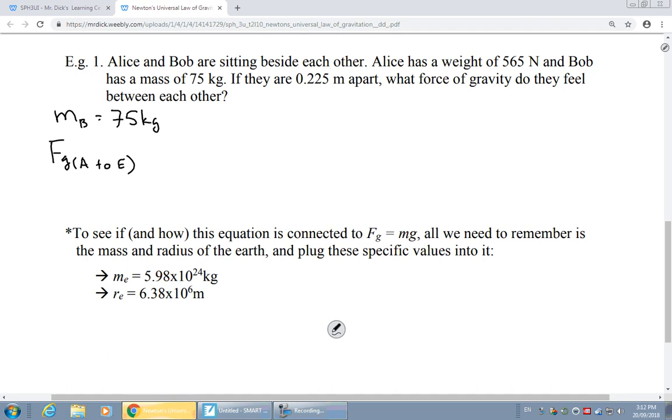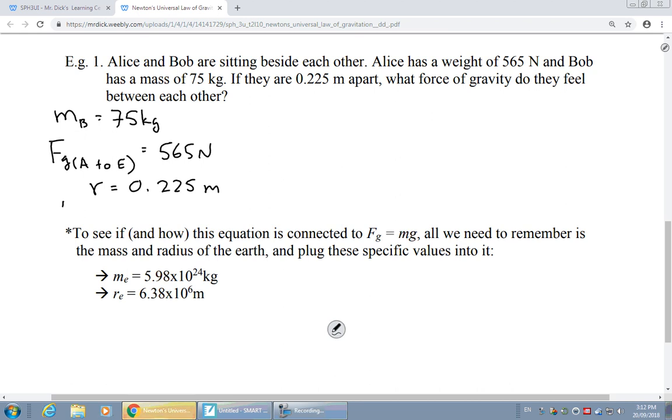A to E is my way of saying that. It's the force of gravity felt between Alice and the Earth. And that force of gravity is 565 newtons. We also know that the radius, or the r of their separation, the distance that they're separated, is 0.225 meters.